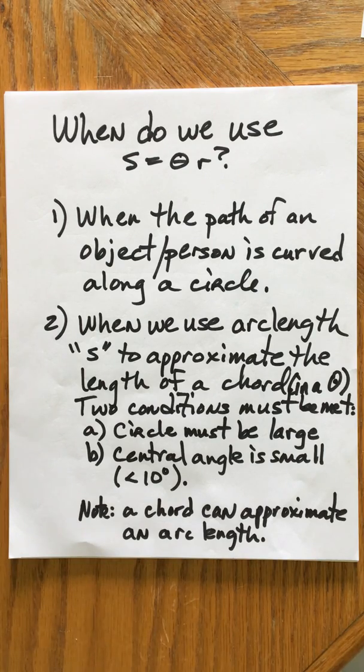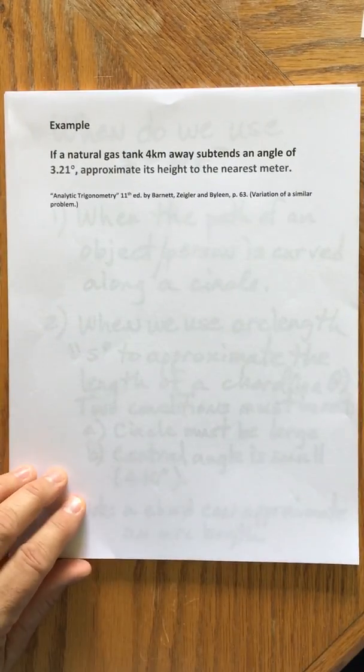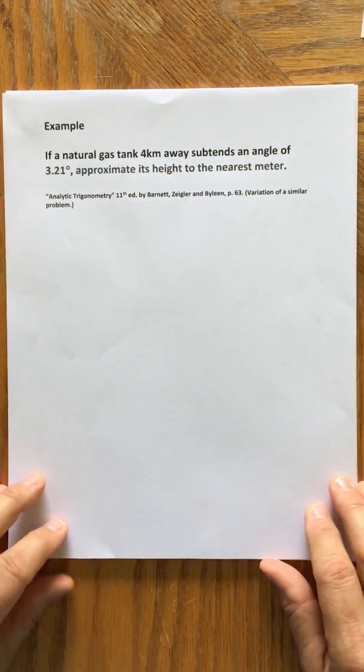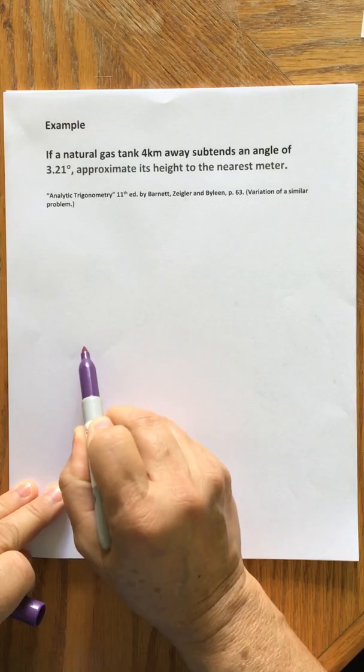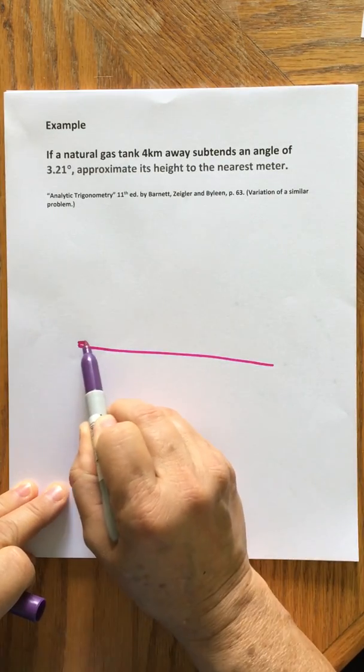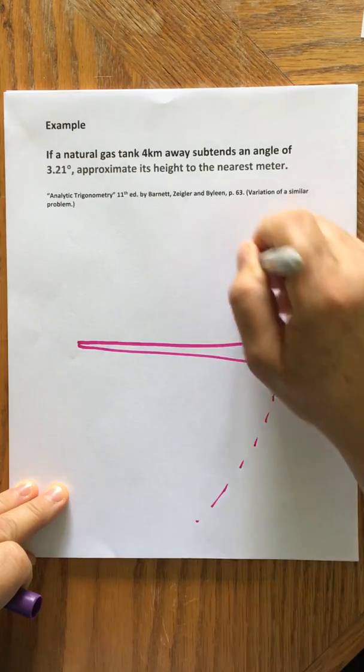Another would be, for example, here where you have, let's say, a tank that's really far away. You're looking at it, and it subtends an angle that's very, very small, and it's part of a huge circle, like this.